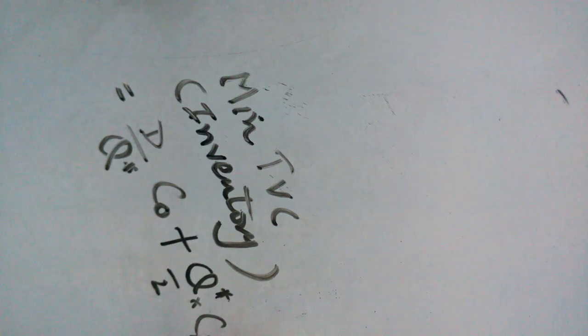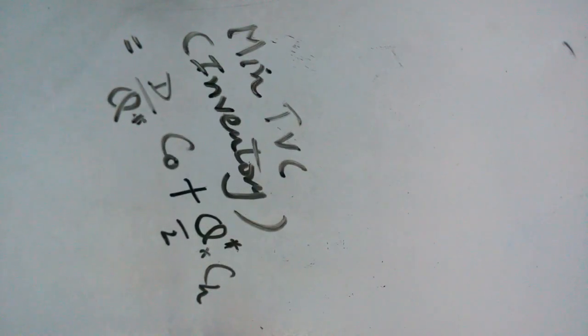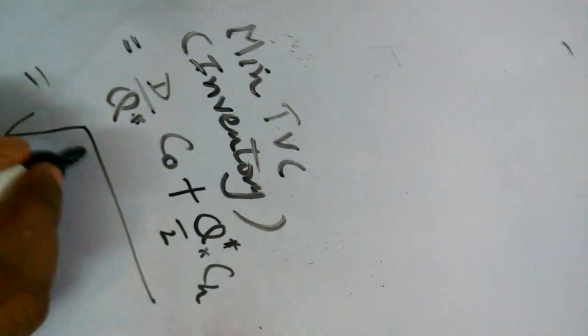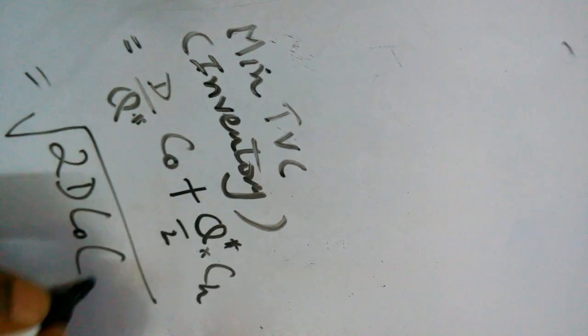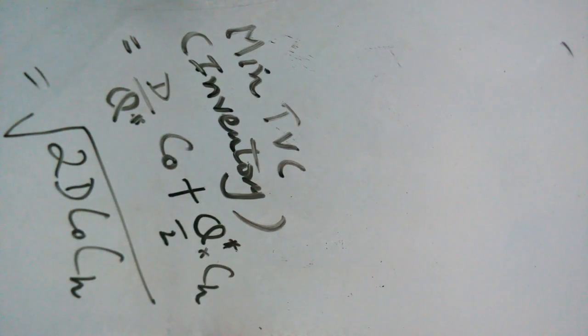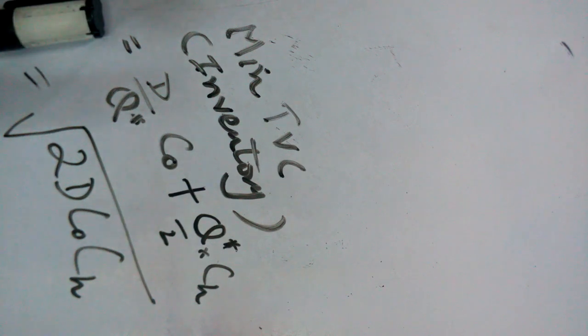So what you are finding is nothing but number of orders you are giving. It can be also written as root of 2D CO into CH. This is also. But if you add the fixed cost, then you will get the total cost. That is all about classical model.